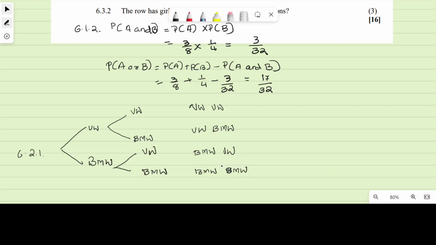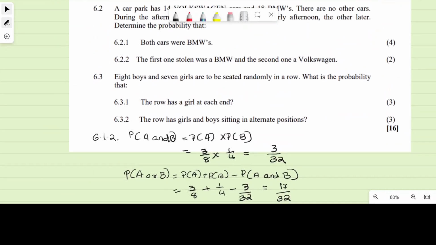So the first question is, find the probability that the two cars are BMWs. 4 marks. Both cars are BMWs.